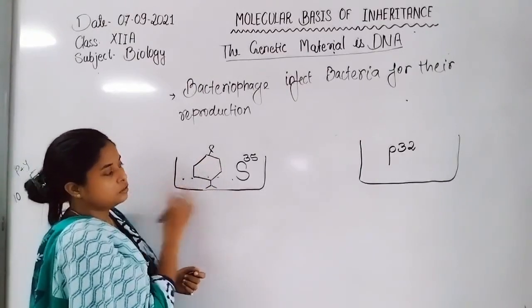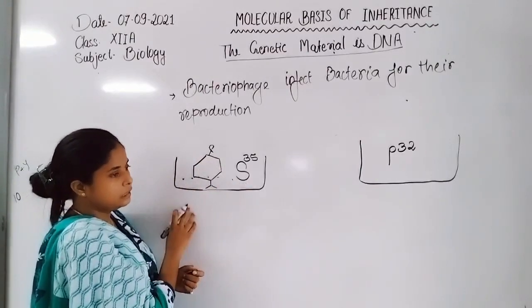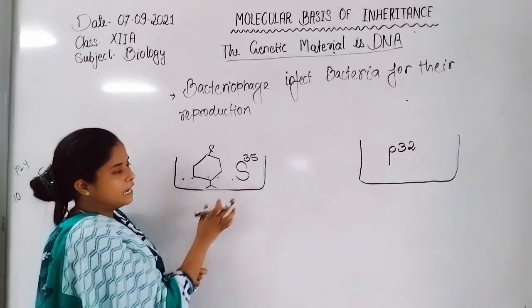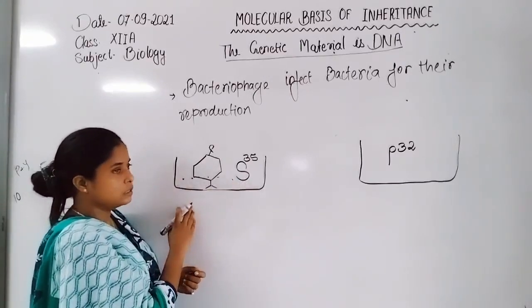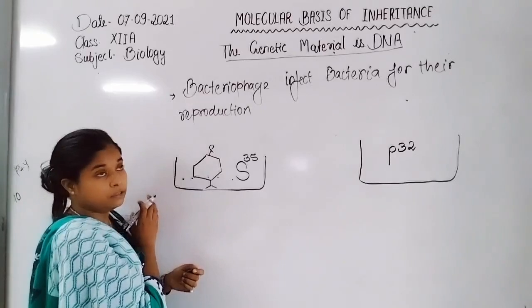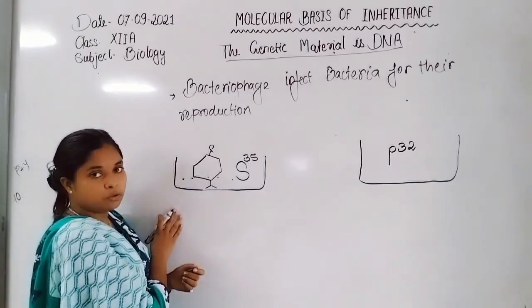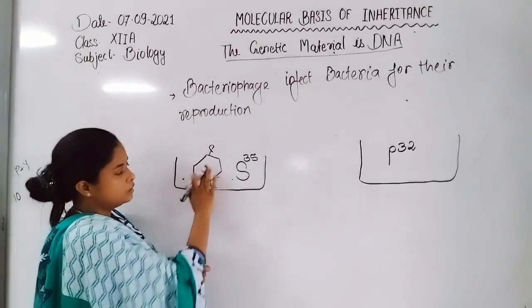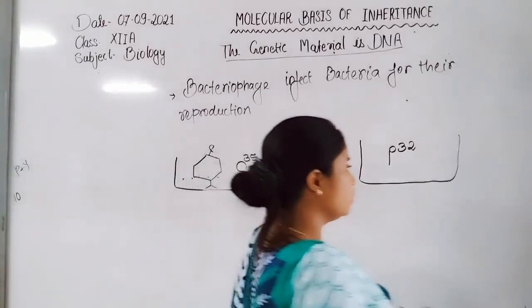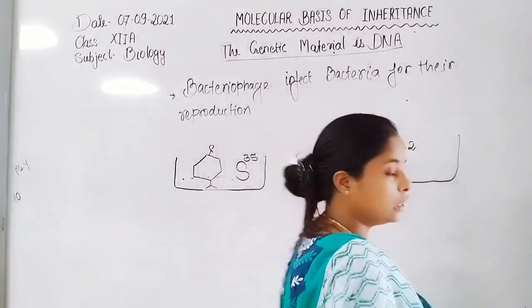No such sulfur is present in DNA. There is no element sulfur in DNA. So the only radioactive biomolecule will be the protein molecule, because the protein contains sulfur.